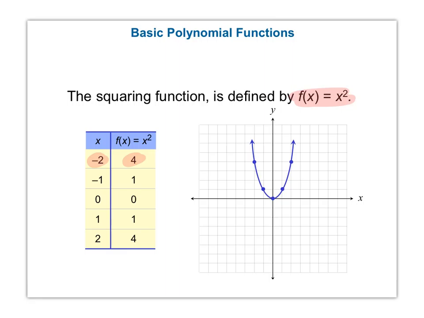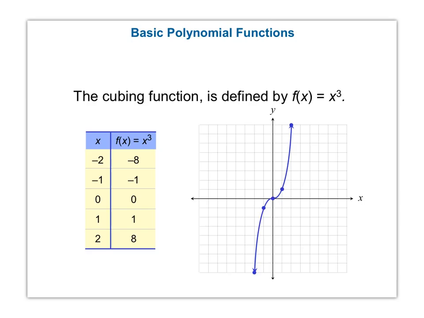So that corresponds to the ordered pair and a point on the graph of -2, 4. Each of these input values corresponds to an output value, and the result is points that are on the graph of the basic squaring function. Now, what we'll see in later sections is that many of the graphs are taking one of these basic polynomial functions and transforming them.